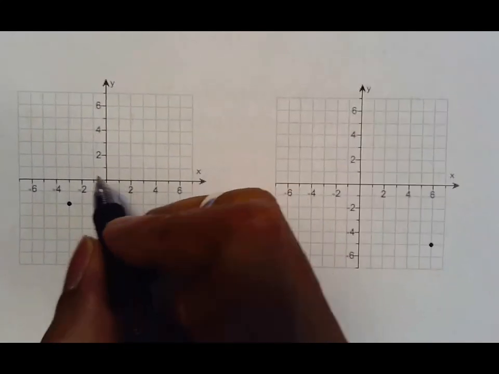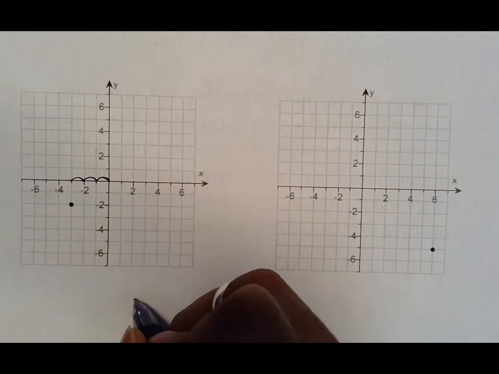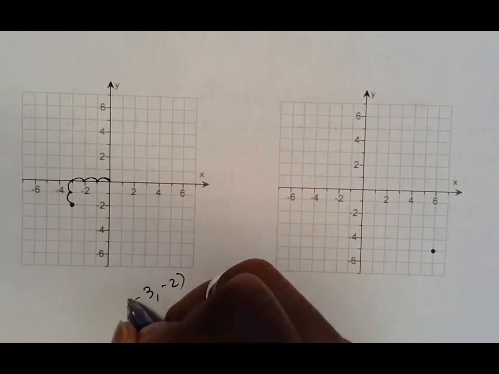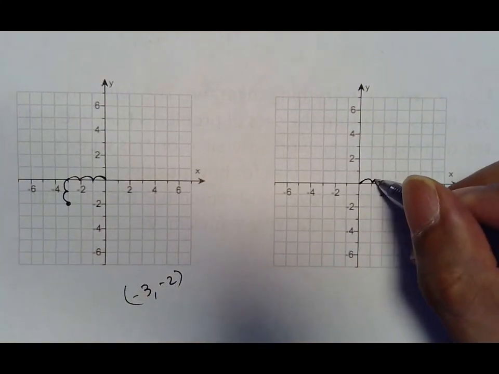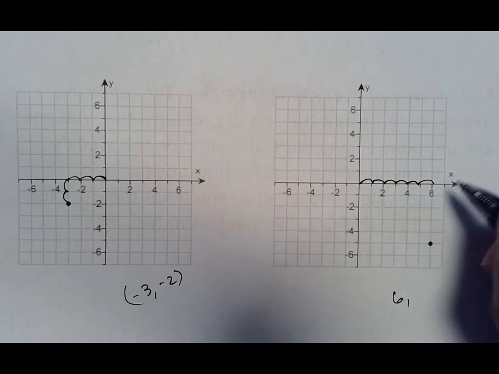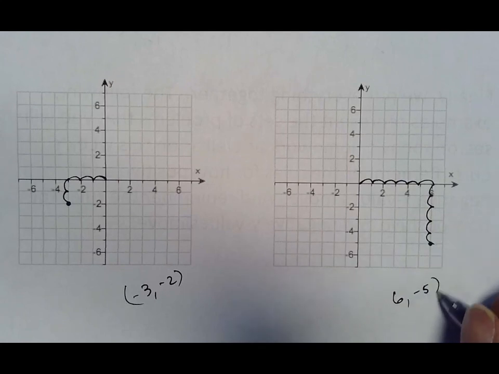Starting from here, again, sideways first, I have to go backwards 1, 2, 3 back, and then I also have to go 2 down. So negative 3, negative 2. And then the last type of point you're going to see looks like I go 6 over, and then 1, 2, 3, 4, 5 down.